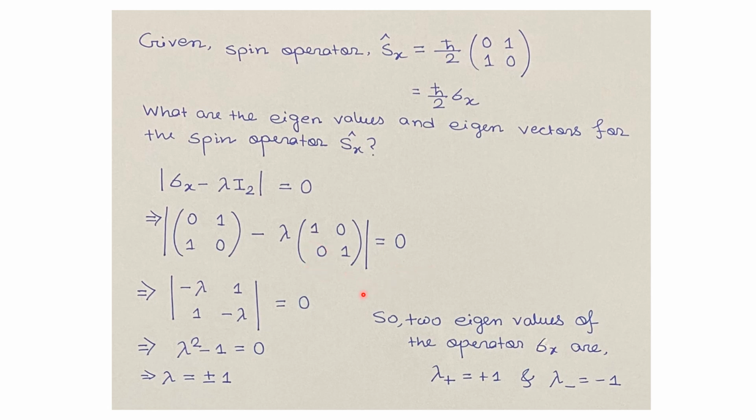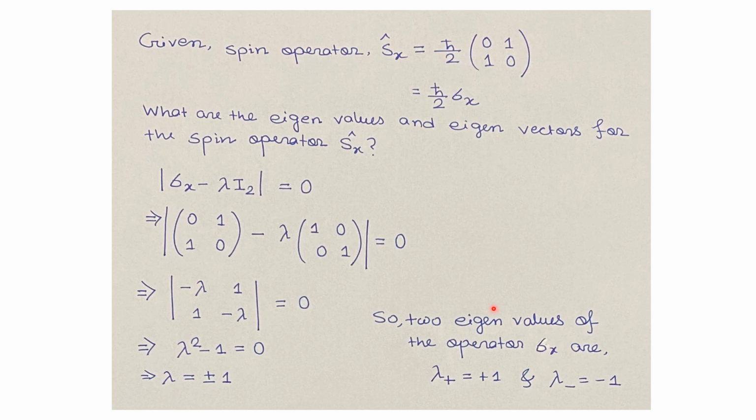So it will give the determinant of [-lambda, 1; 1, -lambda] equals 0. So we get lambda square minus 1 equals 0, so lambda equals plus minus 1. Hence the eigenvalues for the Pauli matrix sigma x are plus minus 1. We denote lambda plus equals plus 1 and lambda minus equals minus 1. These are the two eigenvalues for sigma x.